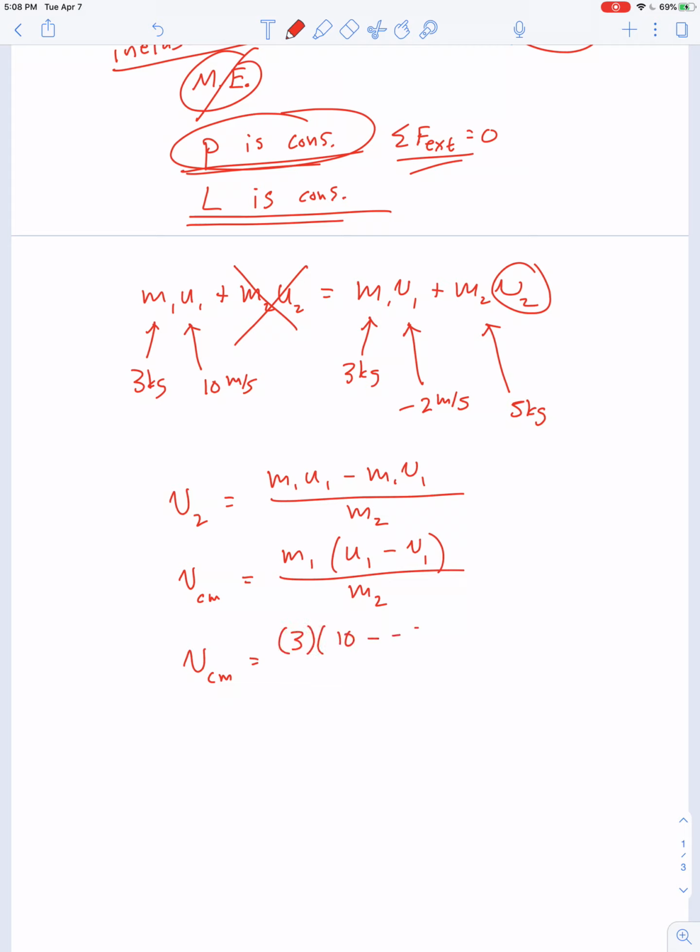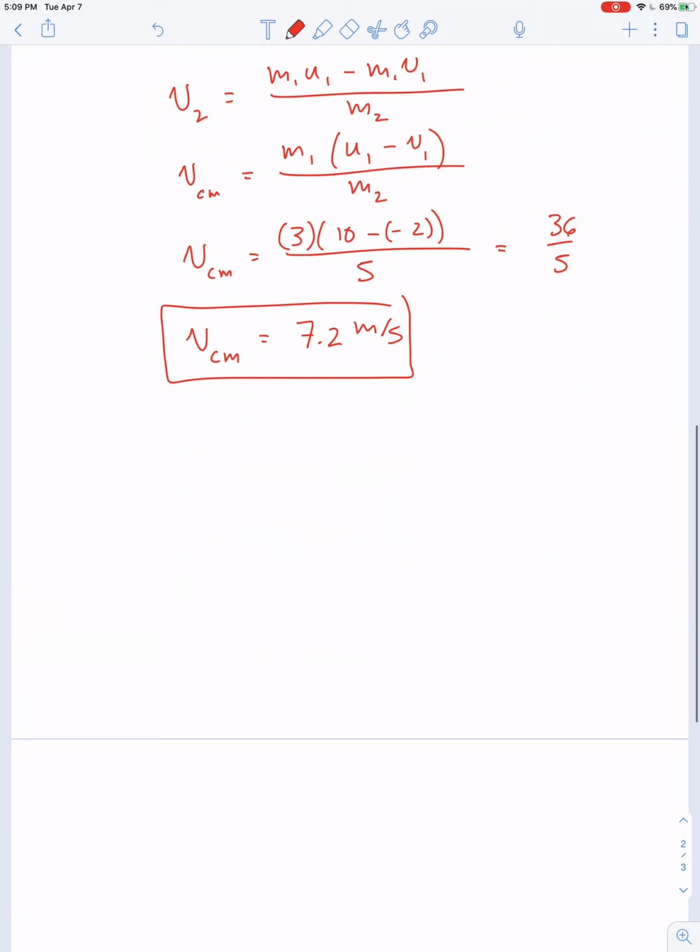Angular momentum is conserved. Initial angular momentum equals final angular momentum. So the initial angular momentum is all due to the rubber ball acting as a point mass. So this is mv, well, careful. Let's stick with our nomenclature here.